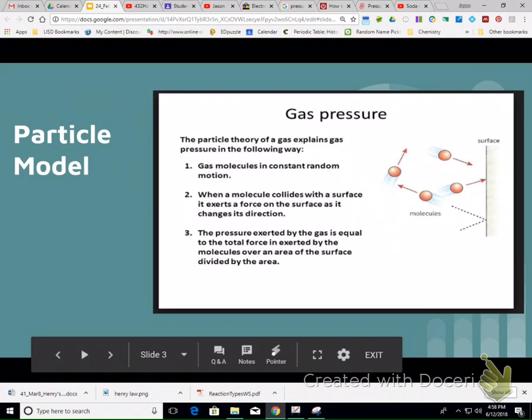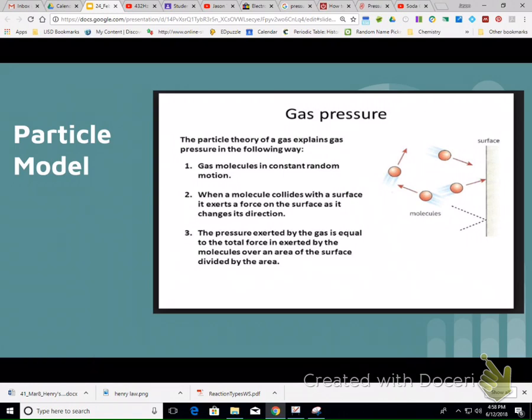These collisions are happening millions or billions of times per second inside of a balloon or whatever. They're happening all the time, so it's fairly constant. In actuality, pressure is never 100% constant because the number of collisions fluctuates slightly, but it's a very tiny difference, one that's imperceptible to your senses.